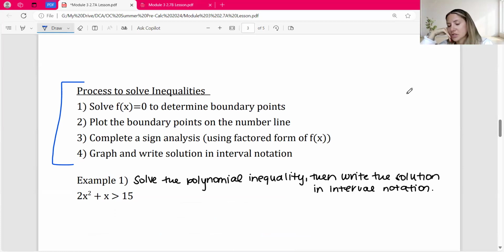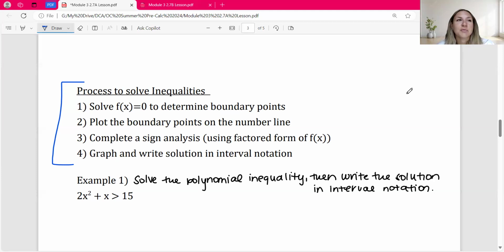The first thing we want to do is solve the function. We'll solve when the function equals 0 to determine those boundary points. Those boundary points are your x-intercepts. So we'll solve the equation to find the zeros, like we've been doing in this course already: zeros, x-intercepts, boundary points, all the same thing. And then we make a little number line and plot those boundary points.